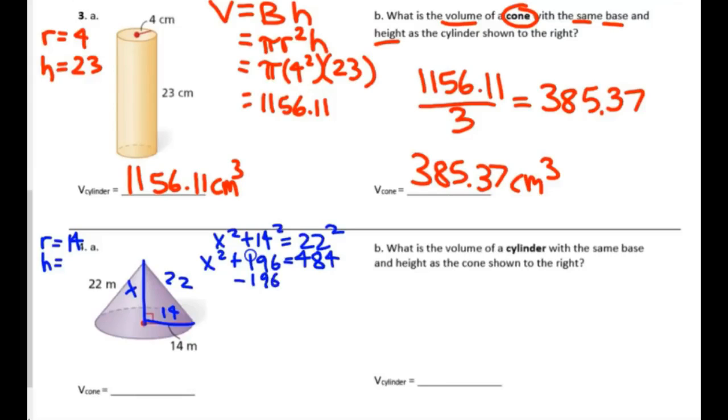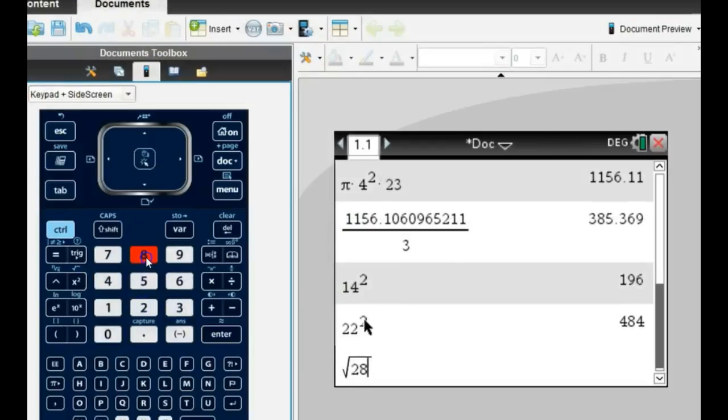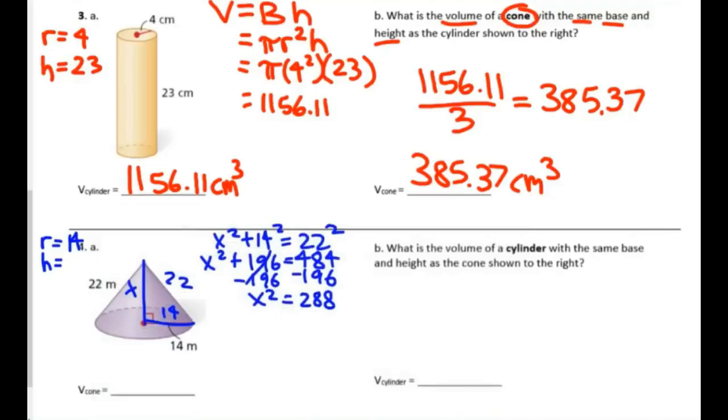Minus 196, minus 196. That should give me 288. And then the square root of 288 rounds to 17. So my height, my h that I got using Pythagorean theorem, is 17.